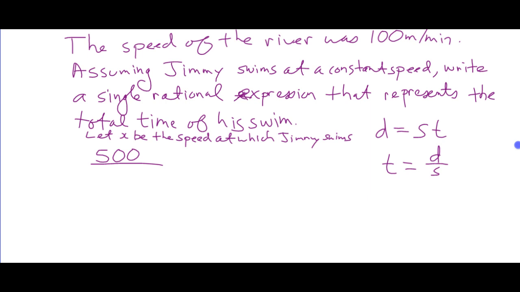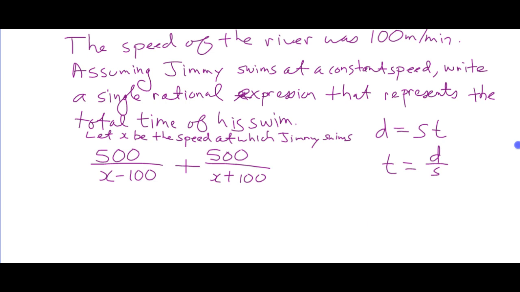He's swimming x, but there's 100, which is going which way? Towards him or behind him? Is it pushing him or holding him back? Swimming upstream, holding him back. So it's going to be x minus 100, right? Whatever his speed is, he's going to be slowed down by 100 because that's the current. When he swims back, current's at his back now, right? Behind him. So what does that do to his speed? Increases it by 100. So now his speed is x plus 100.